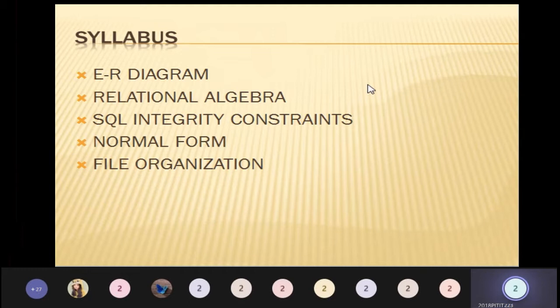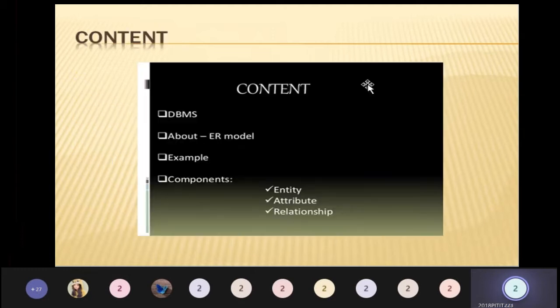So these are the topics covered in the DBMS subject.